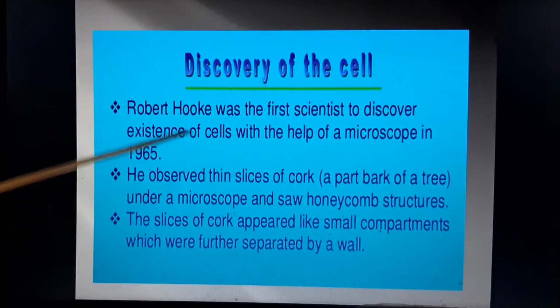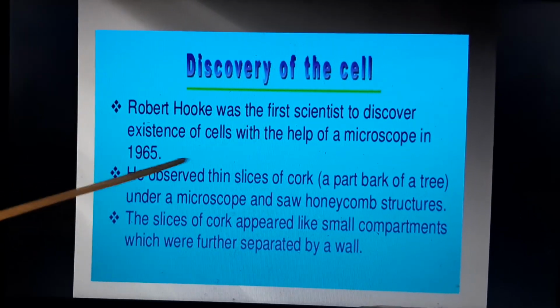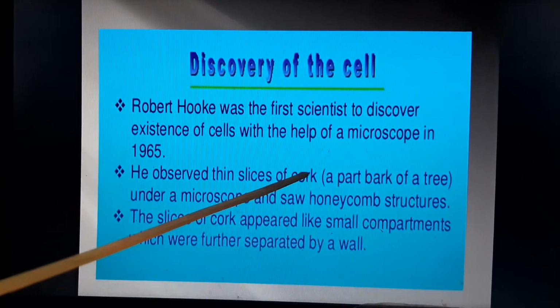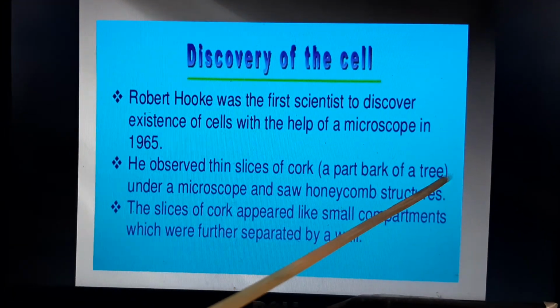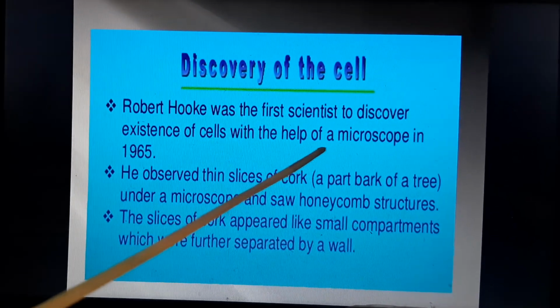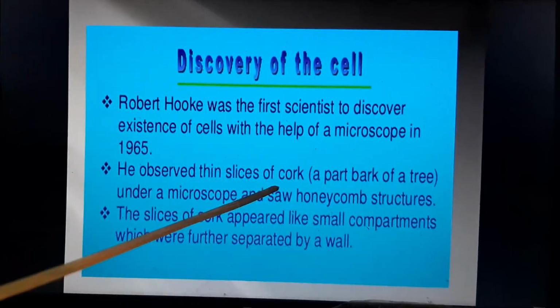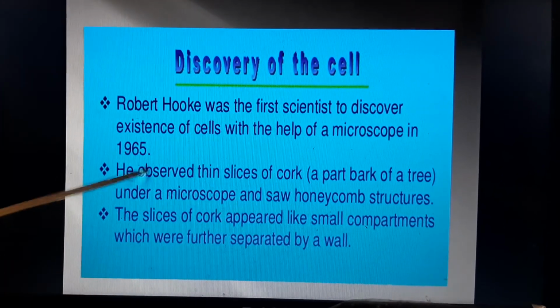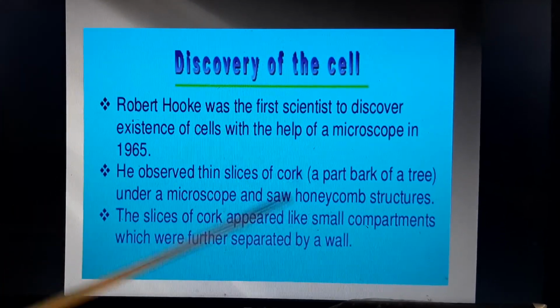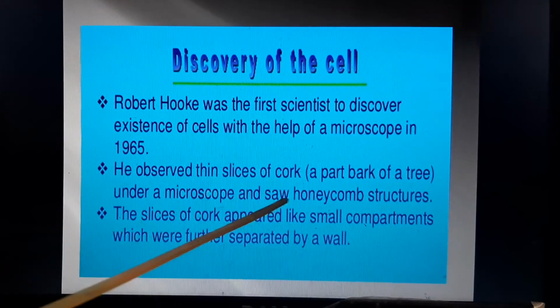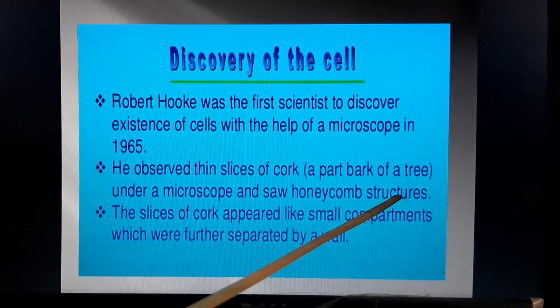What did he observe? He observed thin slices of cork, a part of the bark of a tree. A wooden piece of the plant is known as cork. He observed the slices of cork under a microscope and saw honeycomb structures.